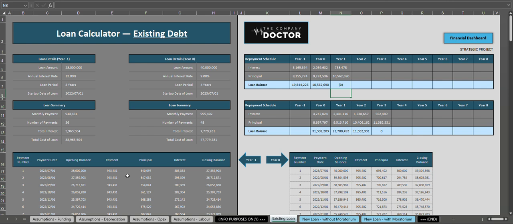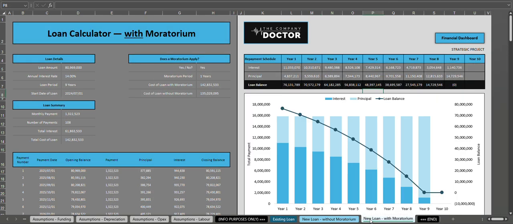It automatically calculates the principal and interest, which then pulls through to the income statement, the balance sheet, and the cash flow. So there's no work needed here. And then based on your loan parameters for your new loan, whether it's with a moratorium, loan holiday, or without, once again, this is automatically done for you.